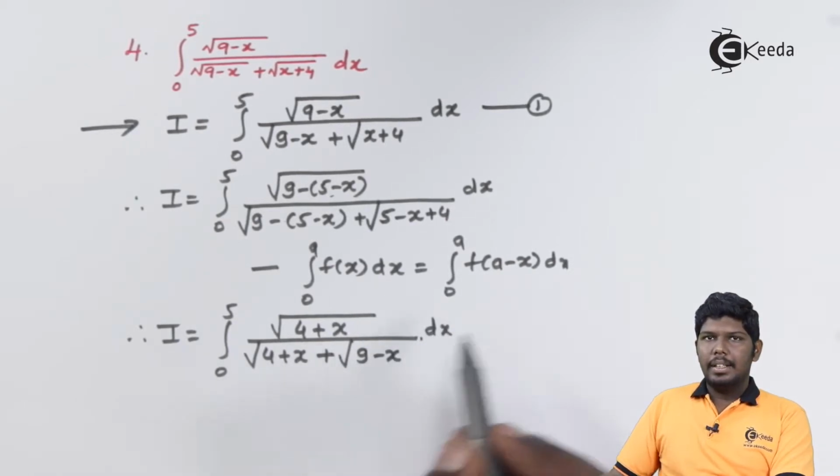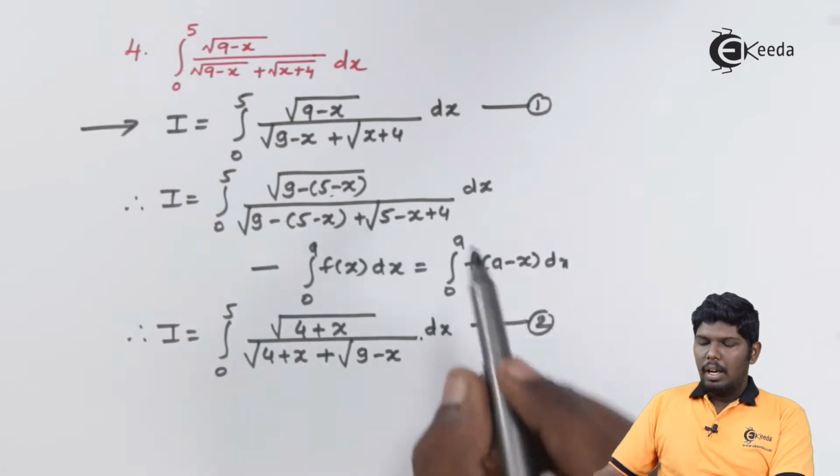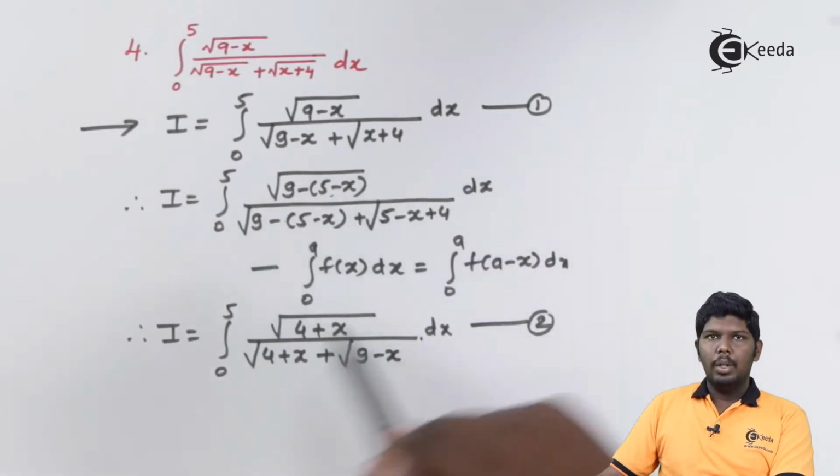Now let us consider this as equation number 2, and we can add equation number 1 and 2.